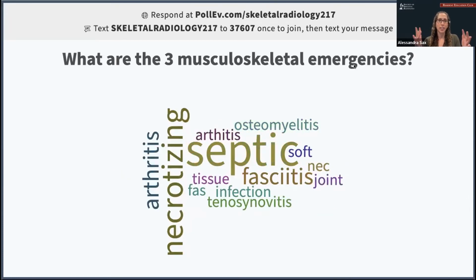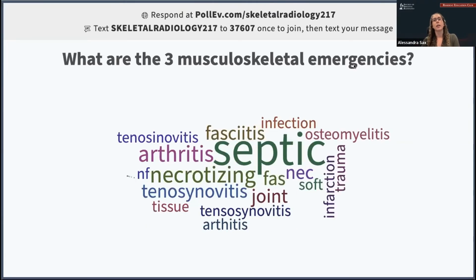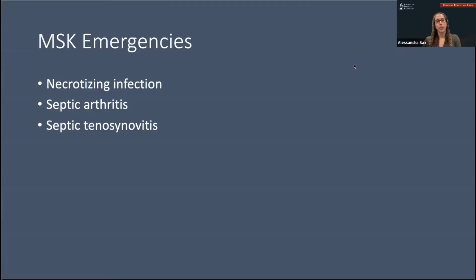Hopefully I primed you guys enough by talking about our 3 musculoskeletal emergencies first. Great job, exactly. Our necrotizing infection or necrotizing fasciitis, septic arthritis, and septic tenosynovitis. And these are our 3 entities that are managed with emergent debridement.